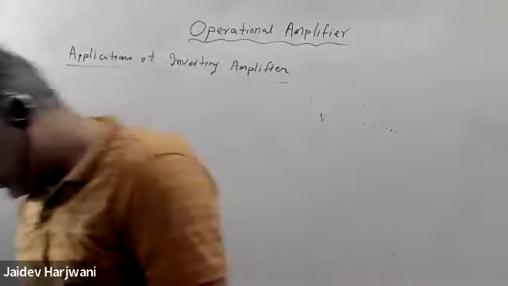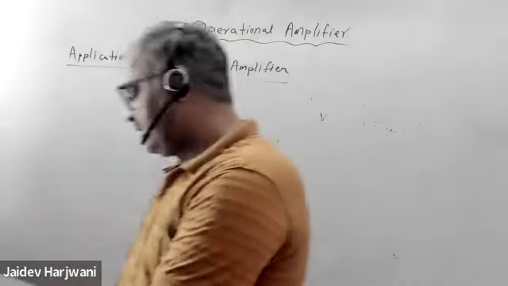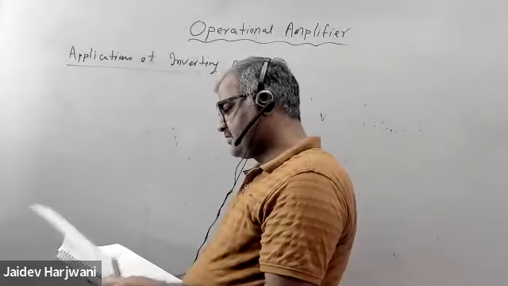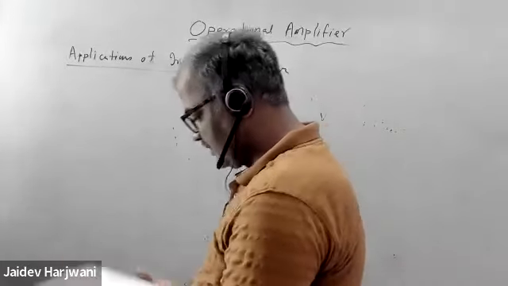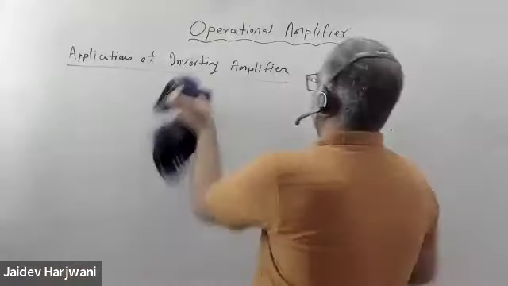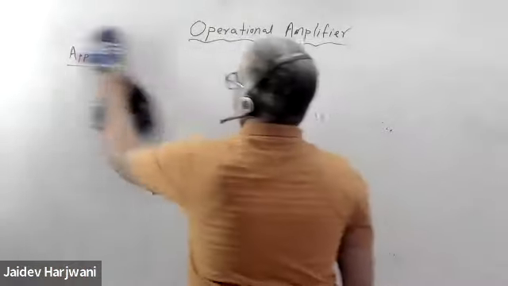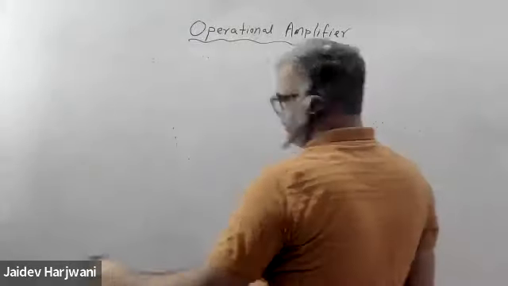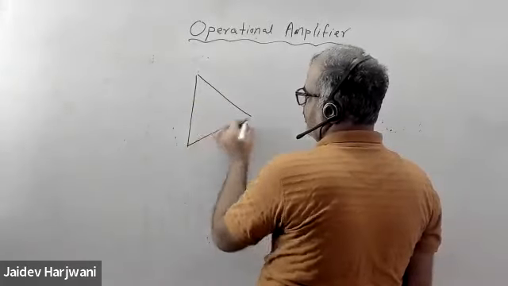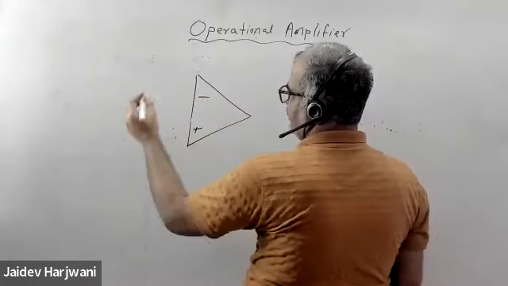Now suppose that instead of the inverting terminal, I put the inputs on the other side. I have this op amp and I am putting the inputs on the non-inverting terminal.